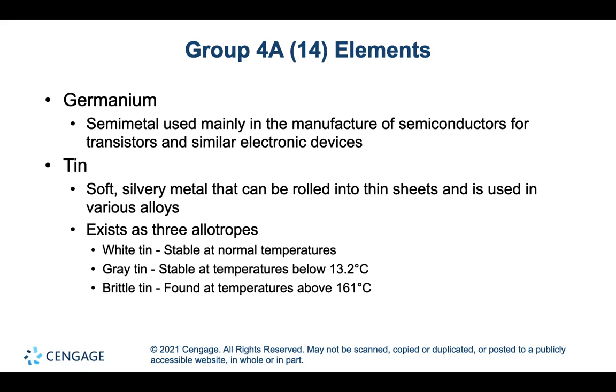A lot of uses of tin have been replaced with aluminum. So you might hear an older person call aluminum foil tin foil, because people used to use tin for wrapping foods, because tin could also be rolled into thin sheets, but aluminum was cheaper, and so they transitioned to aluminum foil.